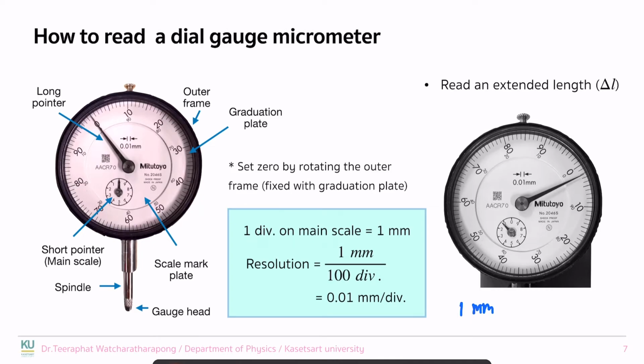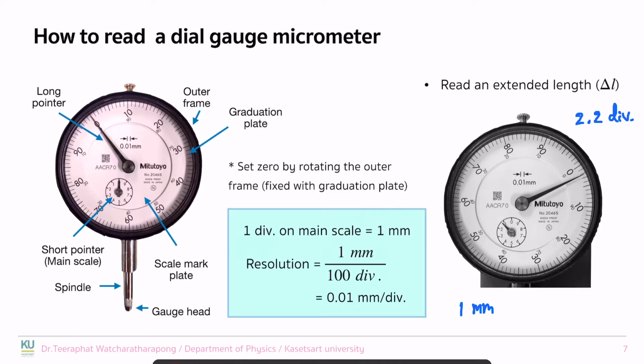And from the dial scale, you see that the long pointer here is around 2 divisions, but it's not exactly 2. So I would say 1 point something, 1.2. This could be 1.2 divisions on the dial scale.